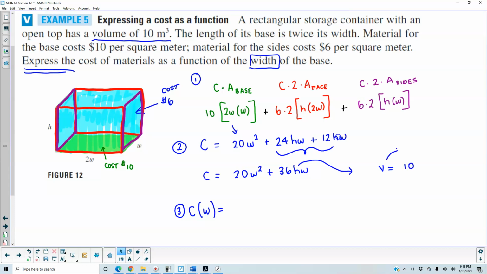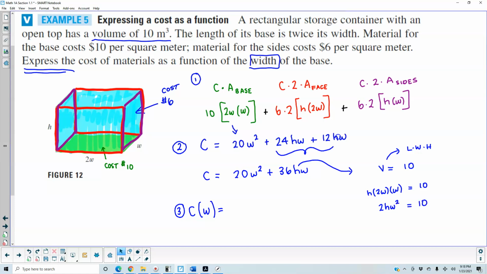Now remember that the volume is length times width times height. Looking at our container, that is h times 2w times w, and that's equal to 10. If we multiply this all out, we get 2hw squared, and that's equal to 10.